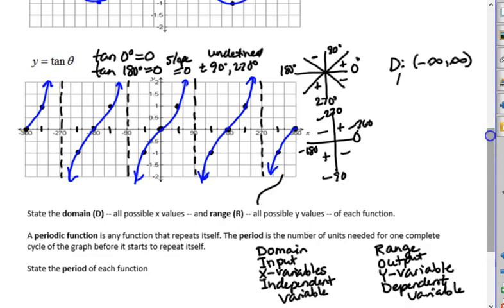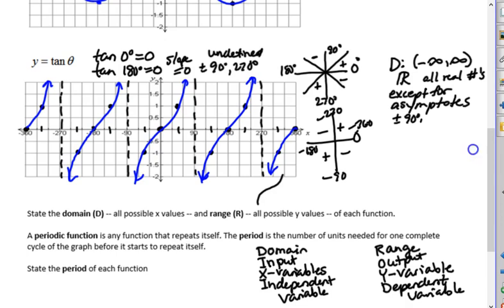You can also write it as the all real numbers symbol, or you can say all real numbers. Those are three ways to write it. You don't have to do all three. I'd like you to start using the negative infinity to positive infinity, except for asymptotes. Okay, all real numbers except for asymptotes, plus or minus 90, 270, etc.